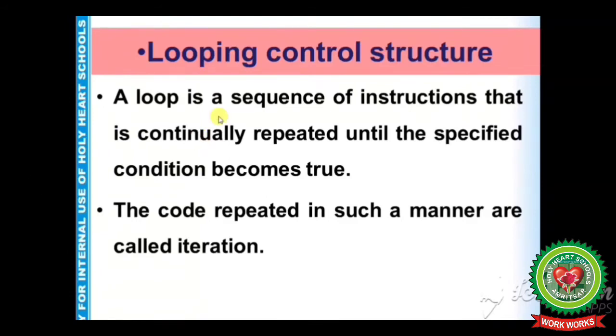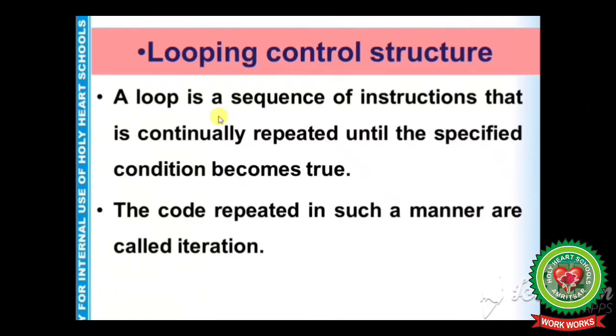Children, if you want to repeat a particular work a finite number of times, then repeating the corresponding statement would be bad programming. Like if you want to repeat a particular task 100 times, 150 times, 200 times, then writing that particular statement 100 times in a program is a bad programming practice.